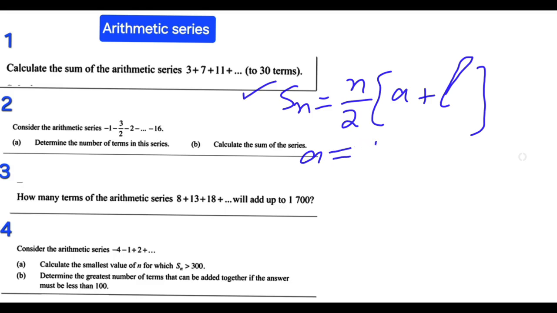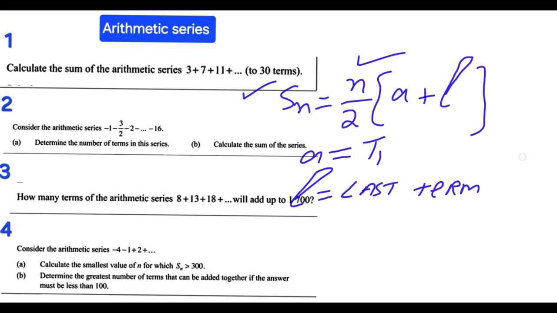A is for the first term and L stands for the last term. But if you don't want to use this formula, you can use the first formula. Even if you know the first and the last term, it is optional, but this is a shortcut.